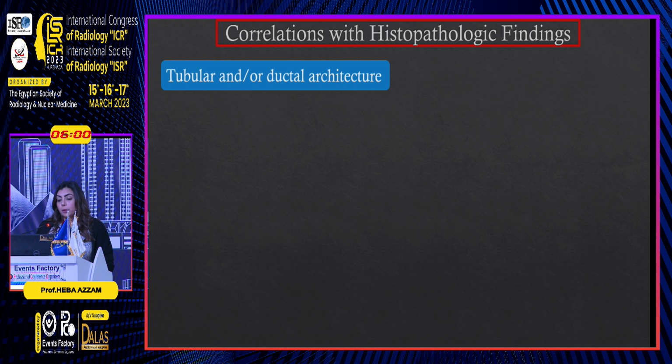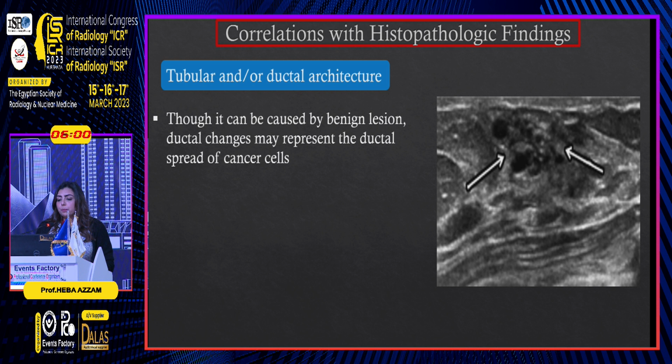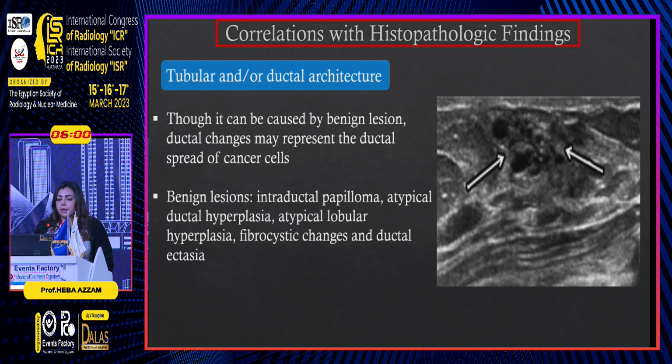In cases showing tubular or ductal architecture, though it can be caused by benign lesions, ductal changes may represent the ductal spread of cancer cells. Benign lesions showing non-mass lesions on ultrasound include intraductal papilloma, atypical ductal hyperplasia, atypical lobular hyperplasia, fibrocystic changes, and ductal ectasia. Malignant lesions include invasive ductal carcinoma and ductal carcinoma in situ.